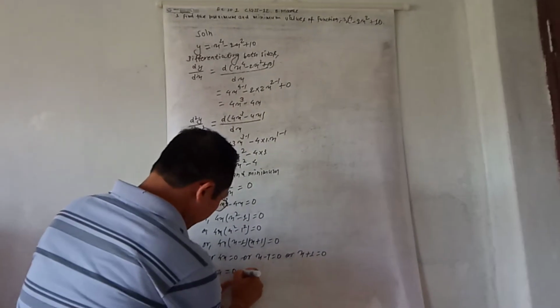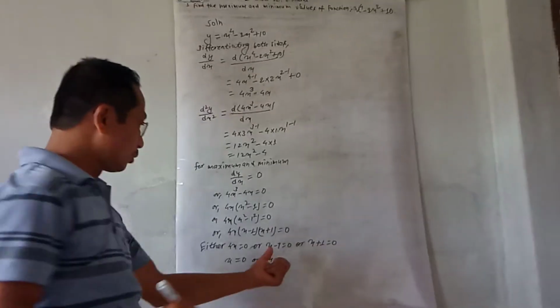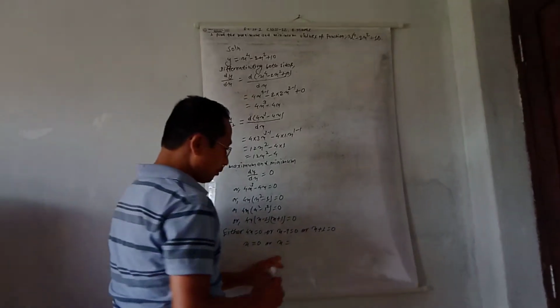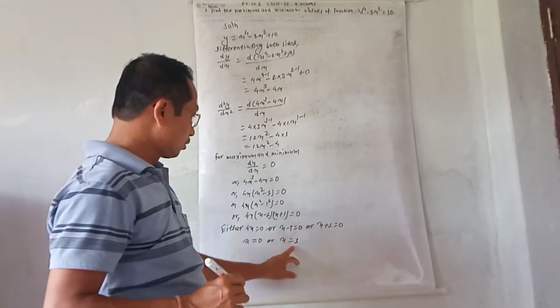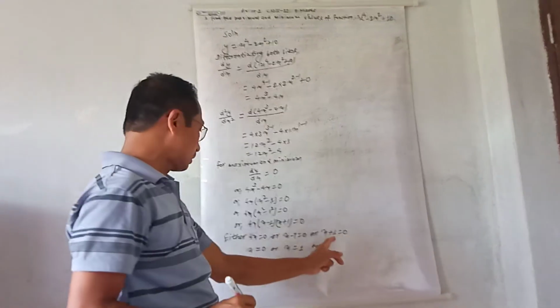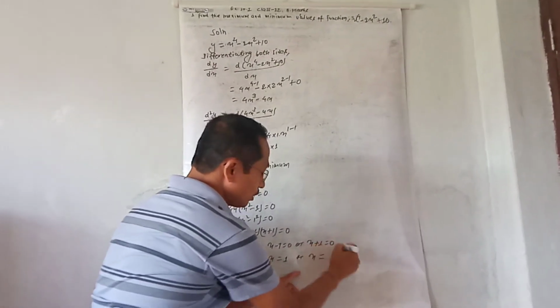In a similar way, for the x value from the second equation, 1 will go to that side, then minus 1 will change into plus 1. The x value will be 1. From the third equation, x is equal to minus 1, taking the 1 to that side.